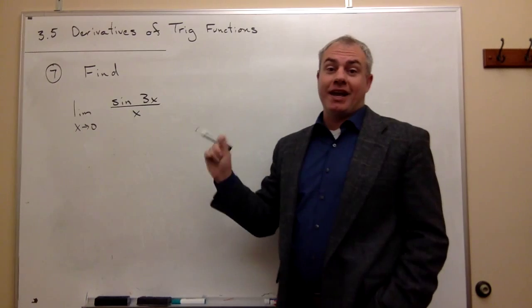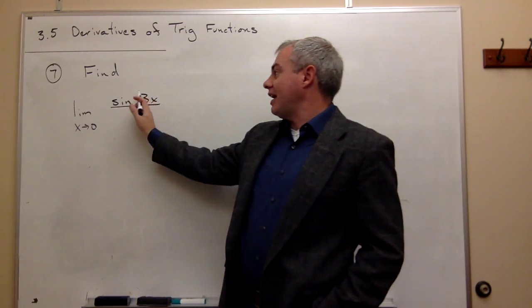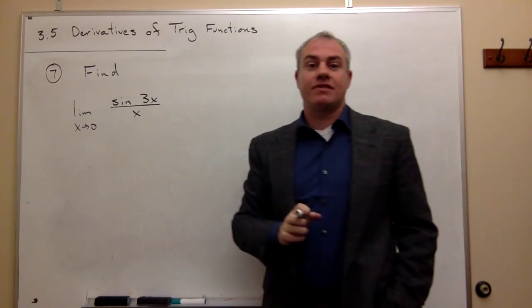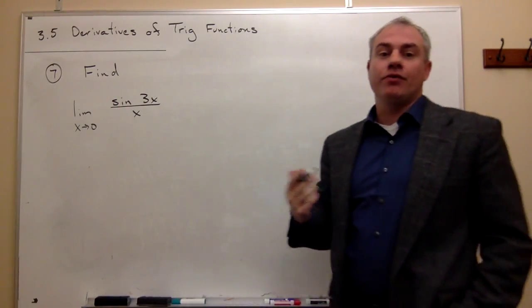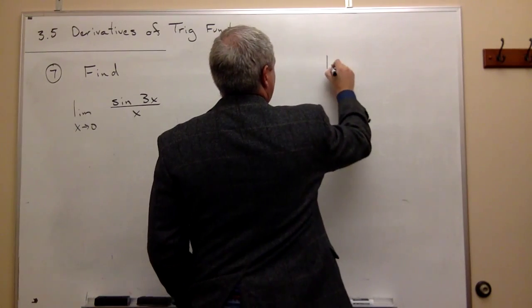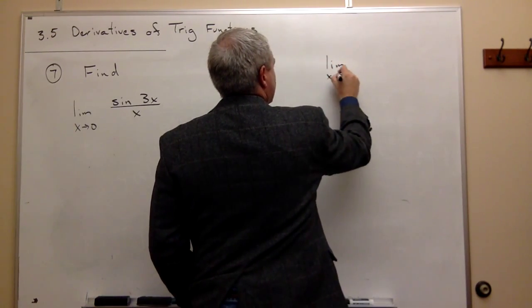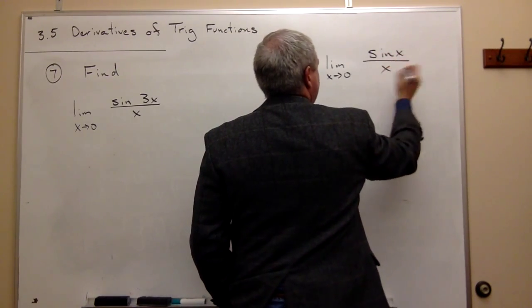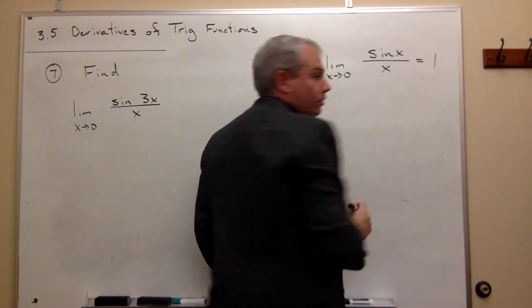The thing that you cannot do is take this 3 and just move it outside of sine. The limit that we really want to be able to use here is something we know: the limit as x goes to 0 of sine x over x is equal to 1.